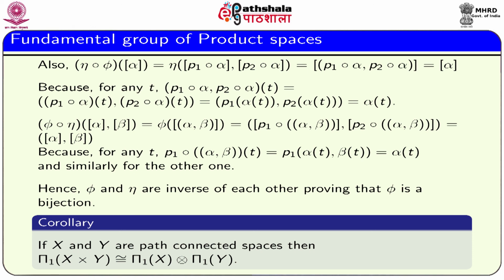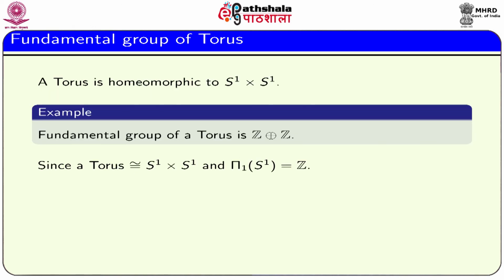As a corollary to this theorem, if we start with two path connected spaces X and Y, then the fundamental group of the product space X cross Y is isomorphic to the direct product of the fundamental groups pi 1 X and pi 1 Y. Now, it is known that a torus is homeomorphic to S1 cross S1.